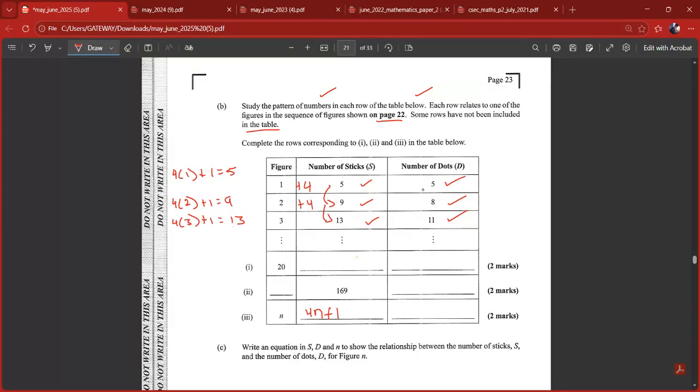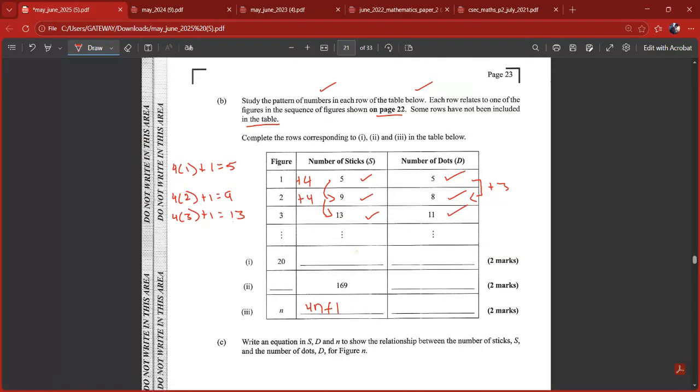Then I look at my general trend for the number of dots. From 5 to 8, that is an increase of 3. So finding the formula for the number of dots, from figure 1 to figure 2 there's an increase of 3, and from figure 2 to figure 3 you have another increase of 3.